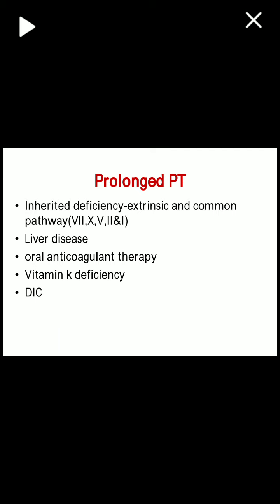Patients on oral anticoagulant therapy, vitamin K deficiency patients, and patients with DIC, disseminated intravascular coagulation, will also have prolonged PT. The normal 11 to 15 seconds can be crossed, and sometimes it can go to 50 or 100 seconds.